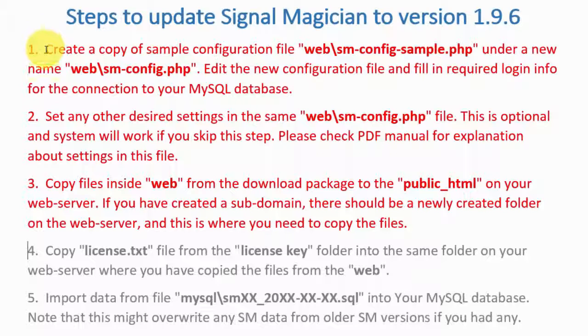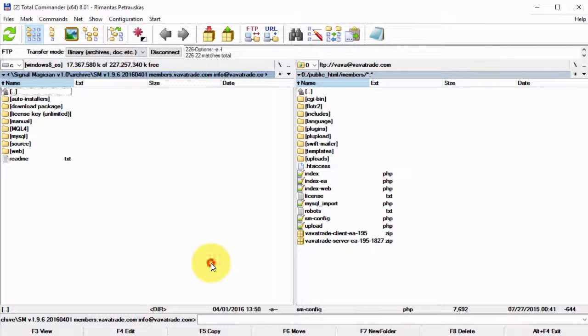Step number one is to create a copy of the sample configuration file under a new name and then edit that configuration file to meet your requirements. So I'm going to switch to my Total Commander application. That's the app that I'm using to browse through my folders on the computer and also connect to my FTP server.